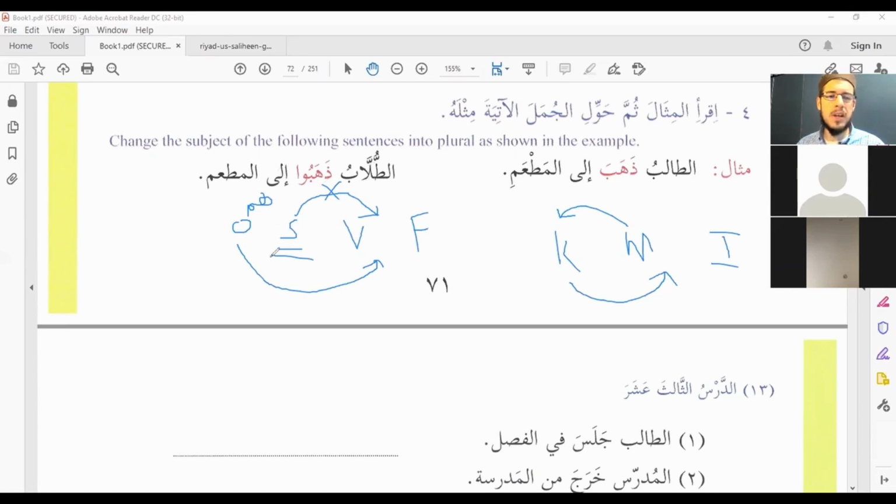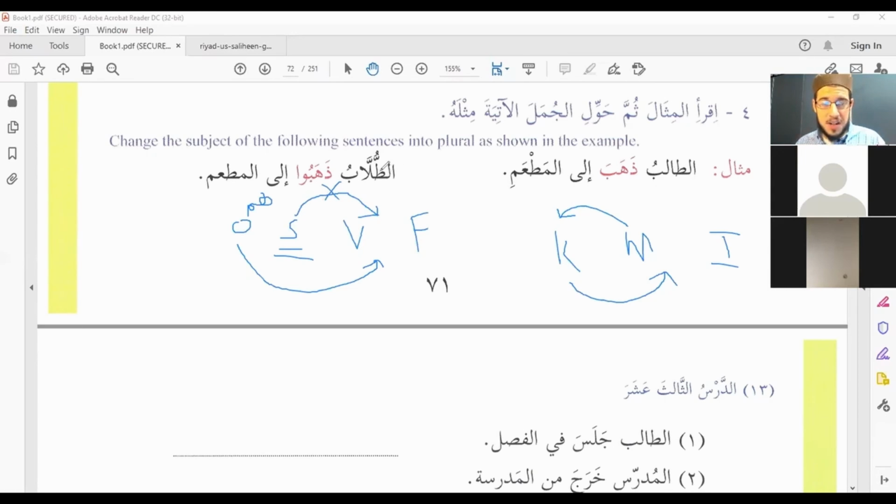So moving the subject in front of the verb in a jumla fi'liya is not a recognized technique of emphasis within Arabic. Does that make any sense? There are other ways to emphasize the subject. And so if a subject comes first, it almost always indicates a jumla ismiya.